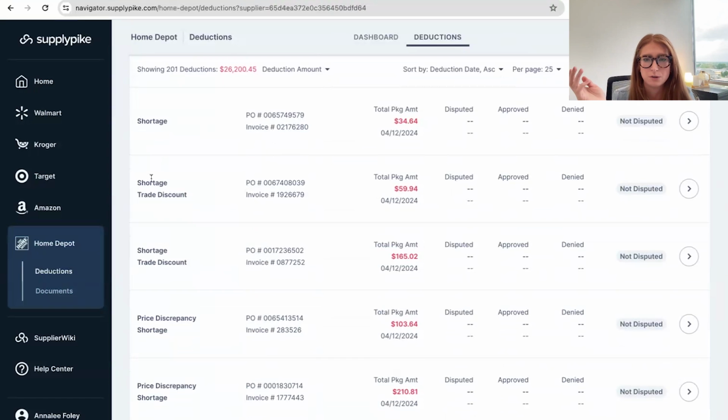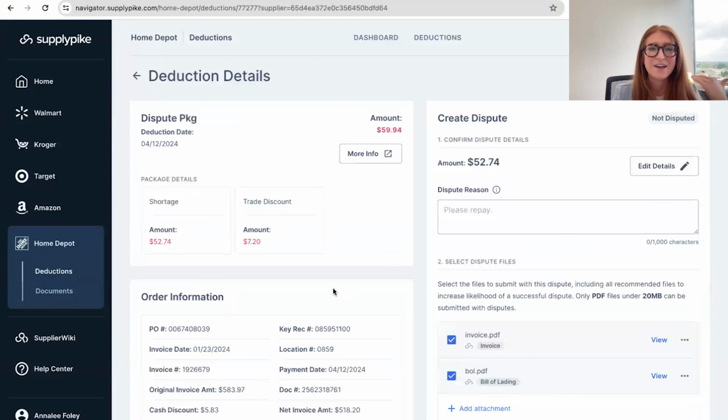So the purpose here really was, one, we want to make sure that we're disputing exactly how Home Depot expects. And then two, of course, just how Home Depot formulates everything. Again, the visibility here, we wanted to keep it consistent with Home Depot. So you'll notice that really it's the same, and then we show the total package amount, but you can always jump in, and then we'll break down kind of what those chargebacks and the amounts associated with them.